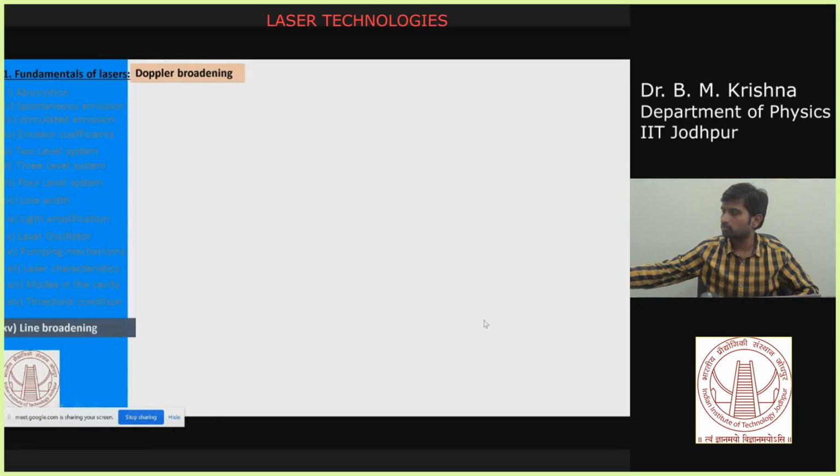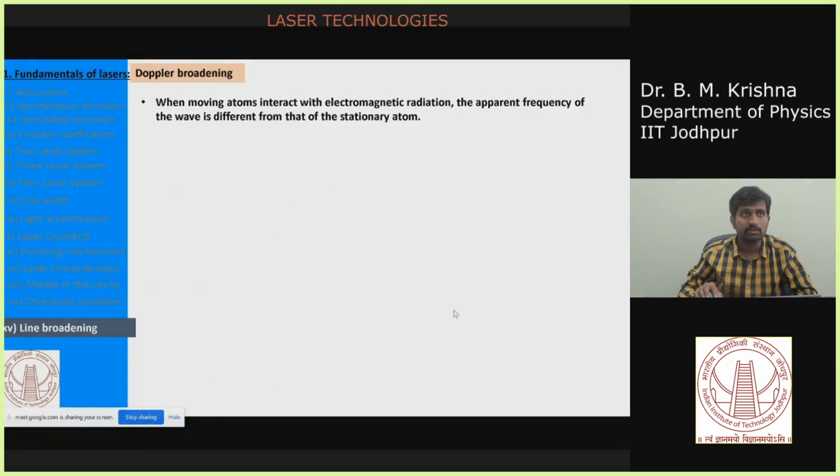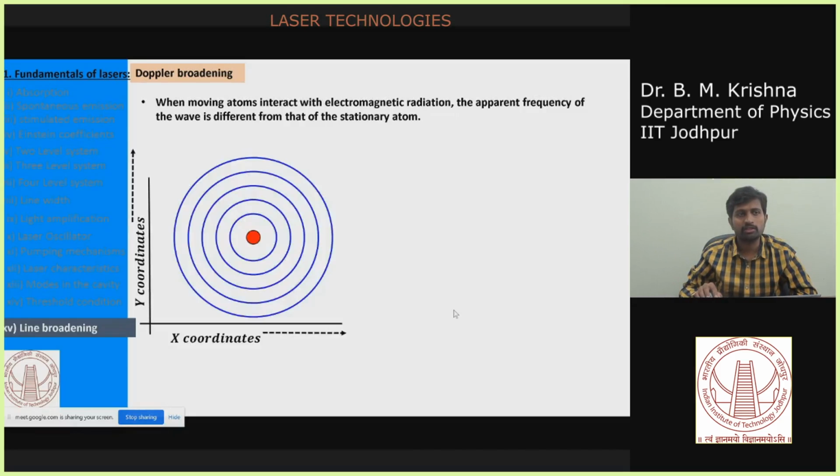Now we will move on towards Doppler broadening. Now we consider the atoms also moving. When these atoms are moving, they are interacting with the electromagnetic radiation. The difference is that the apparent frequency of the wave is different from that of a stationary atom. Consider an example where this is a stationary atom, radiating in all directions. In all directions you see the wavelength or the frequency is the same.